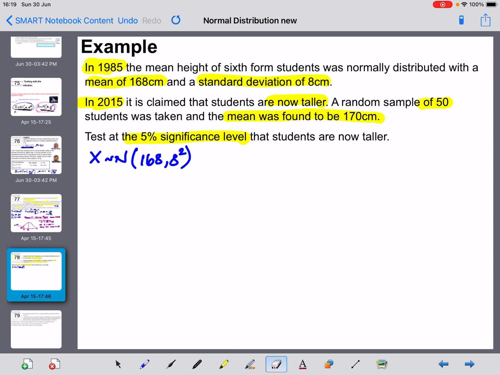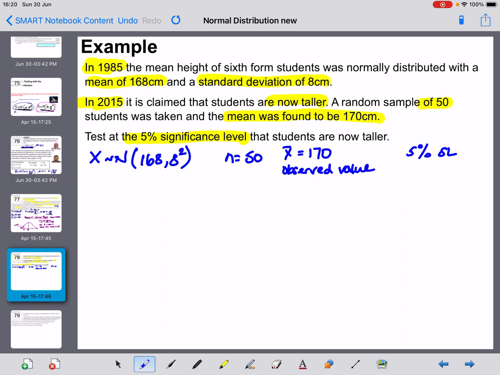Okay, we've now got a sample of 50, in 2015. We've got where we've taken from our sample a mean of 170. So that's our observed value. Okay, and we're doing a 5% level of significance.